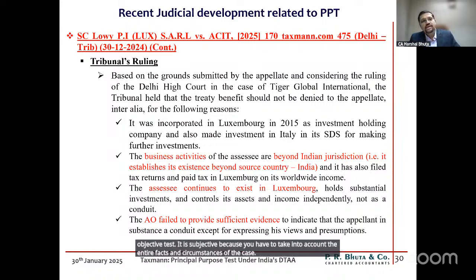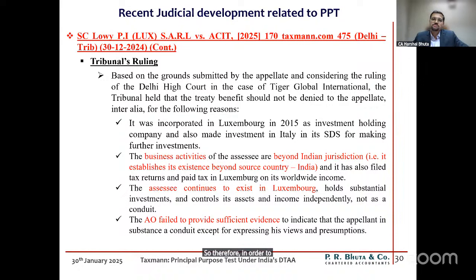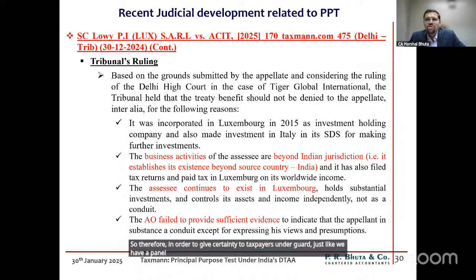So therefore, in order to give certainty to taxpayers, just like we have a panel under GAAR, the commentary itself suggests that many countries have an independent panel consisting of senior officers, etc., where they can review any allegation of general anti-abuse rules. Similar can also be proposed for PPT.